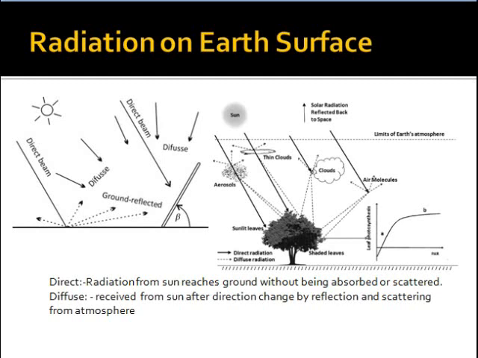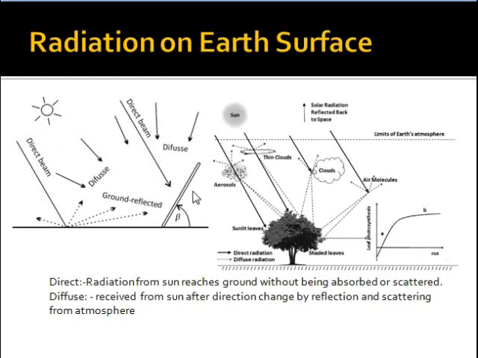Finally we are left with only some 50% or 60% or 80% of the radiation, depending on how much cloud is there, how much ozone layer is present in that location. Based on that, it affects the solar radiation reaching the earth. Because of all these things, the direct beam of light, you can see in the slide, there is a sun here, and the sun is passing the radiation beams into the earth.